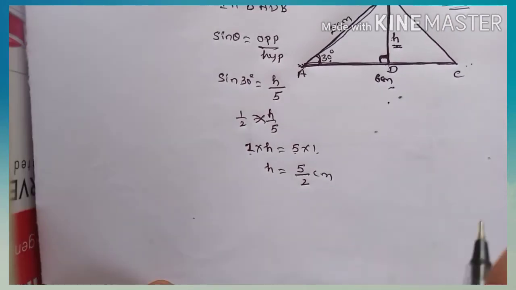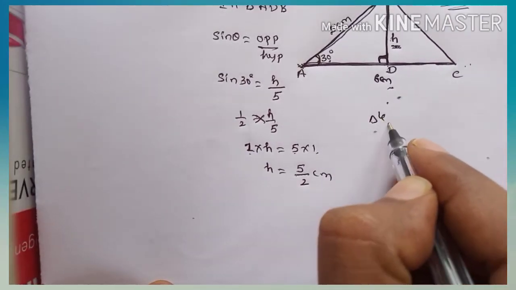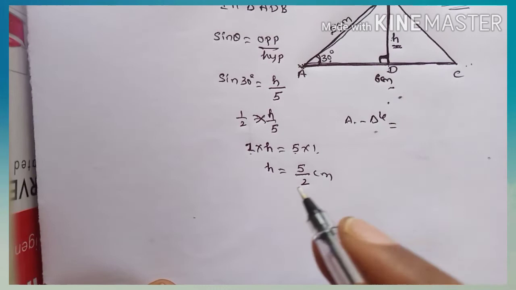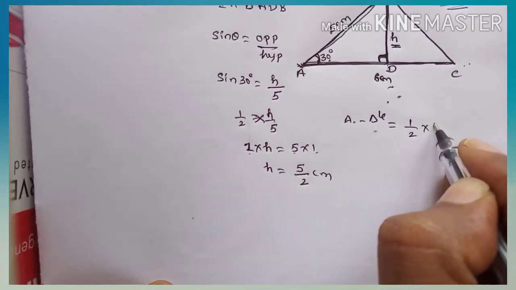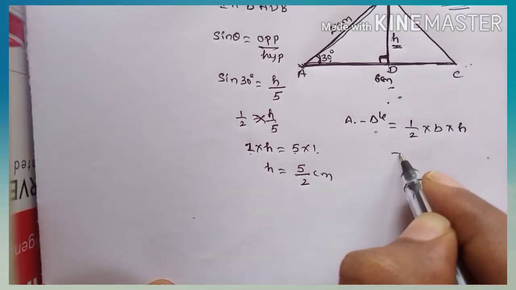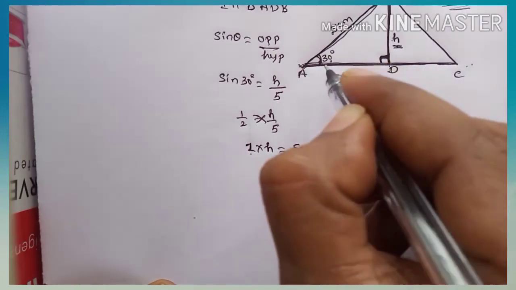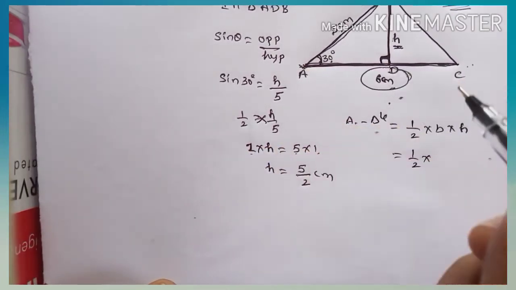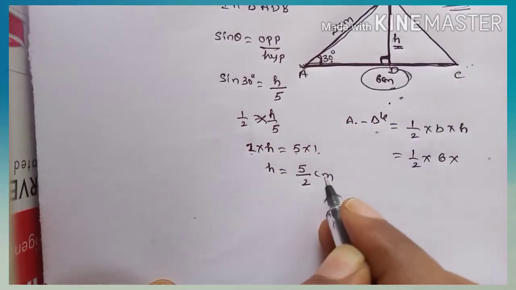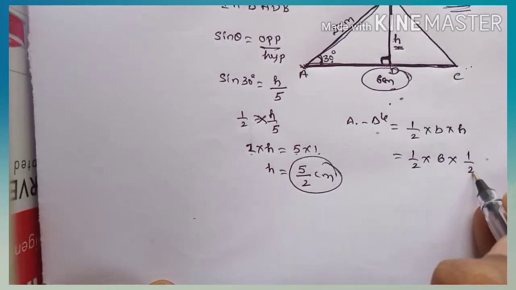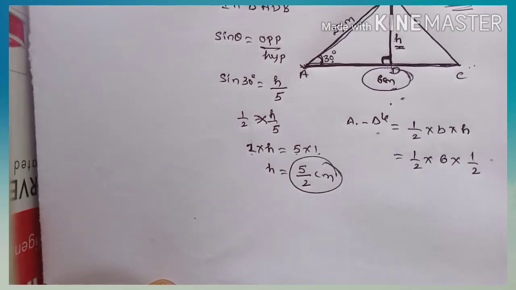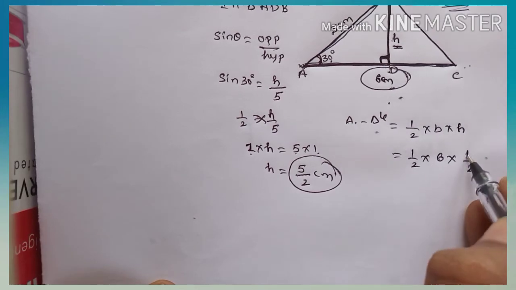Now we have to calculate the area of the triangle, right? Area of a triangle is equal to the formula half into base into height. Half into the base value in the triangle, 6 centimeters, and the height value is equal to 5 by 2.